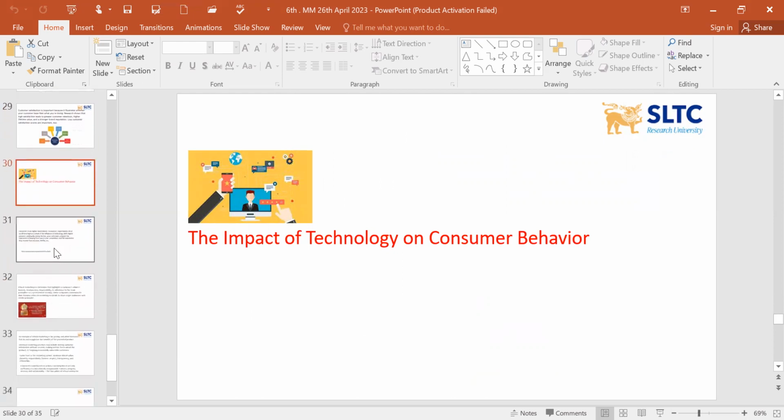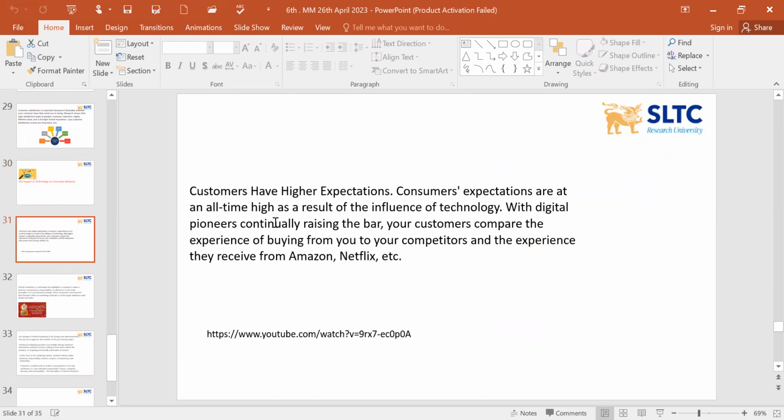Also, there's another vital part, that is the impact of technology on consumer behavior. We are always true to our devices, and customers have higher expectations. Consumers' expectations are at an all-time high as a result of the influence of technology.